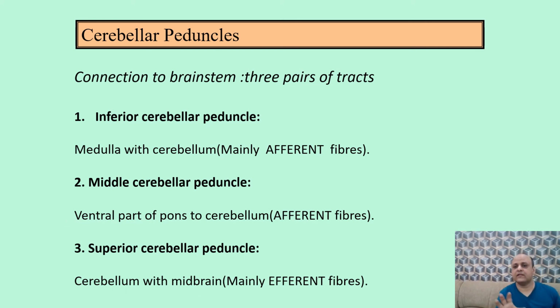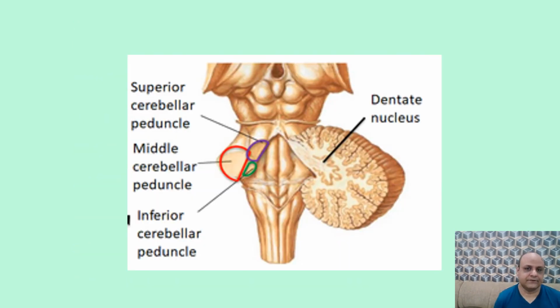So what are peduncles? They are communications from the cerebellum to the midbrain, pons and medulla, that is the brainstem, and they are named according to their position. The superior one connecting with the midbrain is called superior cerebellar peduncle. The middle one connecting with the pons is called middle cerebellar peduncle, while the inferior one connecting with the medulla is called the inferior cerebellar peduncle.